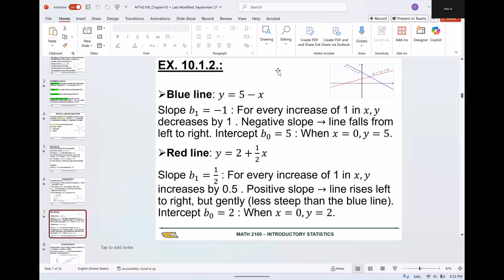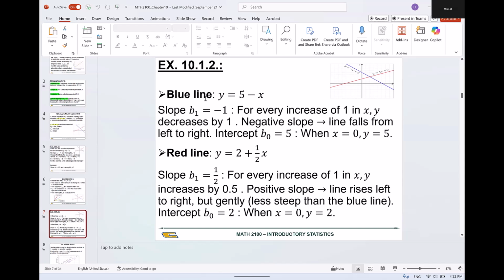And for the red line here, the slope is half, which means for every increase of 1 unit in x, y will increase by half. And it's positive, which means your line rises from left to right, but gently. It's less steep than the blue line. And the intercept here is 2, which means when x equals 0, y equals 2.